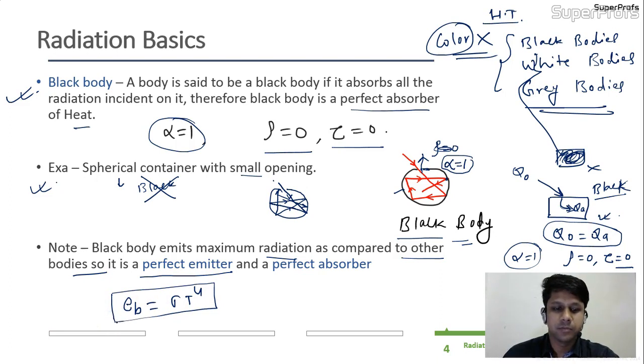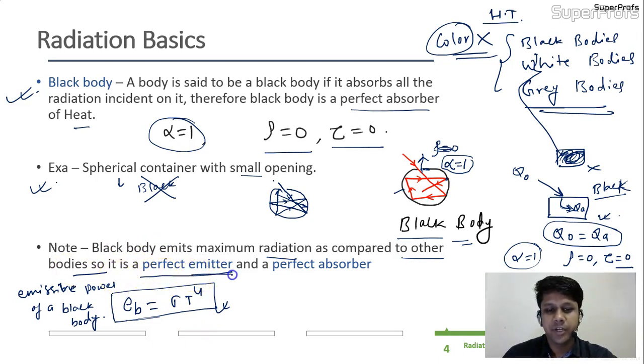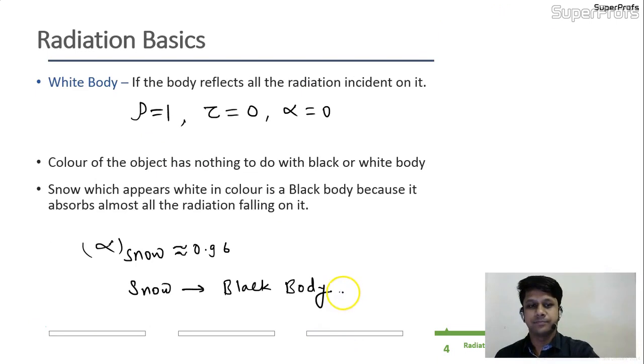Even if you don't remember, or even if I have not discussed it, this is the emissive power of a black body, from the Stefan-Boltzmann law that we will discuss later. So for a black body, this power of emission is maximum. A black body is known to be a perfect emitter and also a perfect absorber, because we have seen why it is a perfect absorber. So this is about the black body.